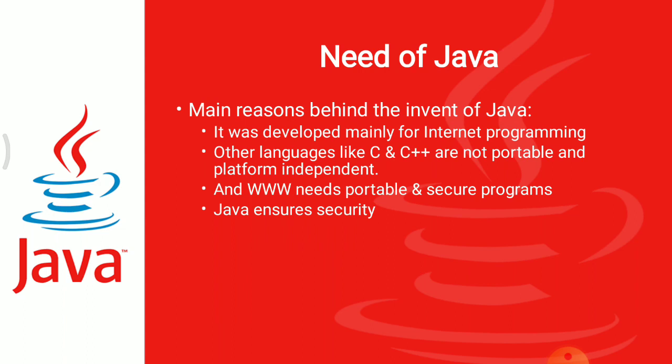Portable means I will convert each and every program of Java into bytecode. Bytecode means code of 0 and 1. If I develop a program 7 plus 5, I will take three variables: 7 in one variable, 5 in another, and the third variable storing the output of 7 plus 5, which will give output 12.